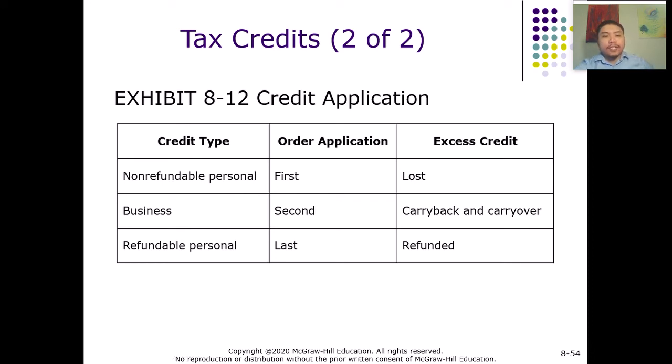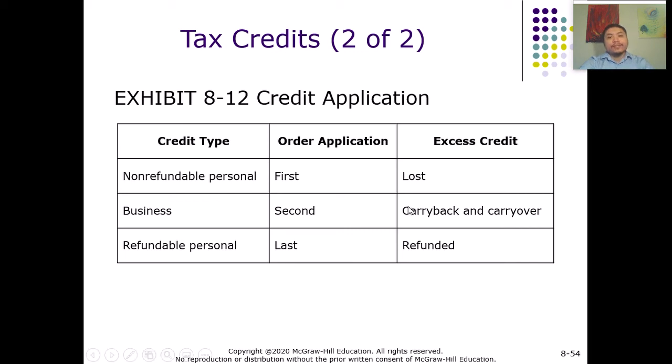And then if they still have some tax due after applying the non-refundable personal tax credit, then they can use the business tax credit, right? And then after that, if they still have some tax due, they can use some refundable personal tax credit to offset the tax due, right? So that's the order, right? So first, use the non-refundable personal credit. Second, use the business credit, and third, use the refundable personal credit.